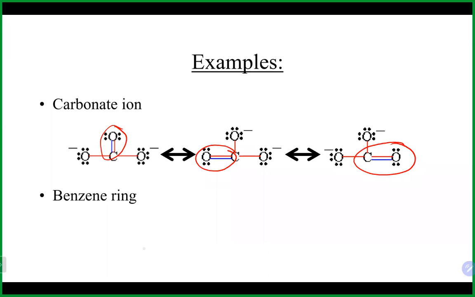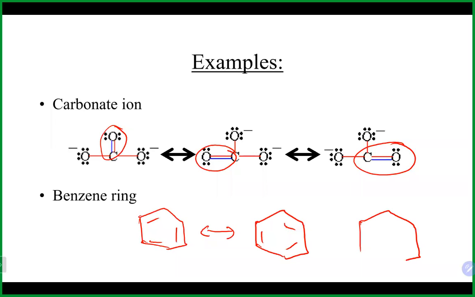The benzene ring is an organic molecule that actually has 3 double bonds, and looks something like this. And you could draw a resonance structure that looks something like this. At each of those points are carbons, and there's a hydrogen at each of those points.